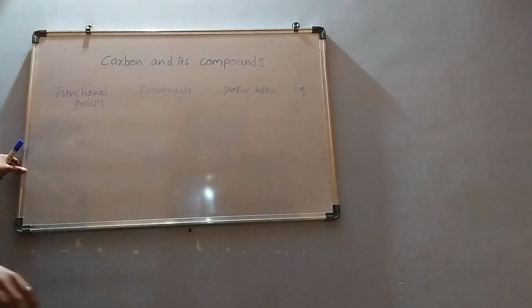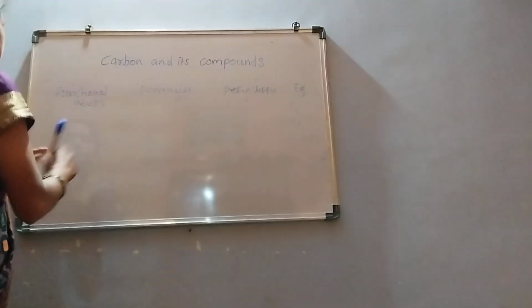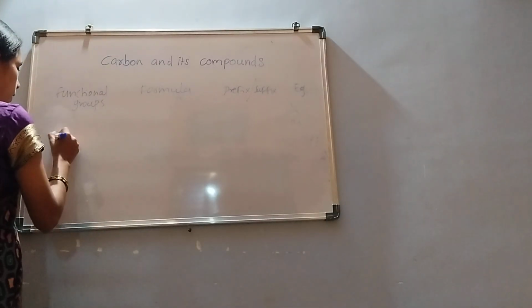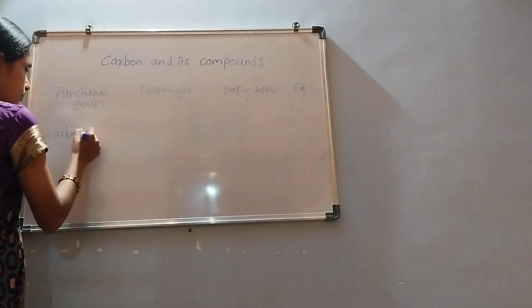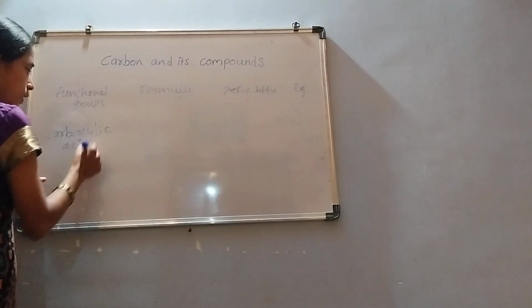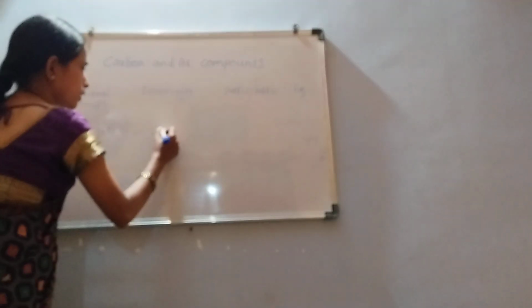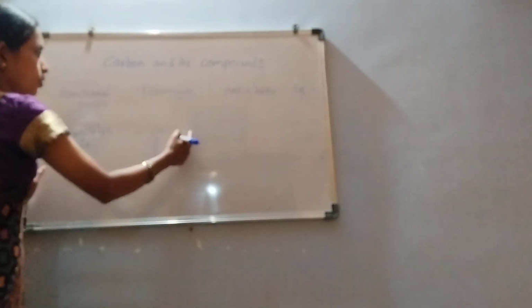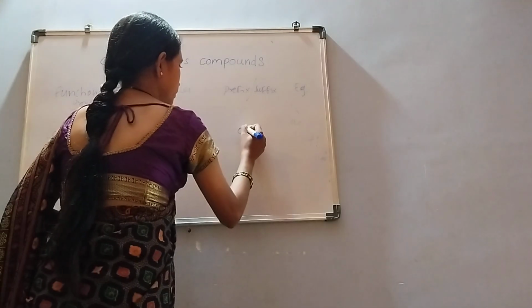Next is carboxylic acid. Carboxylic acid has the formula COOH or C double bond OH. We can write either of these two. And here the suffix is OIC.